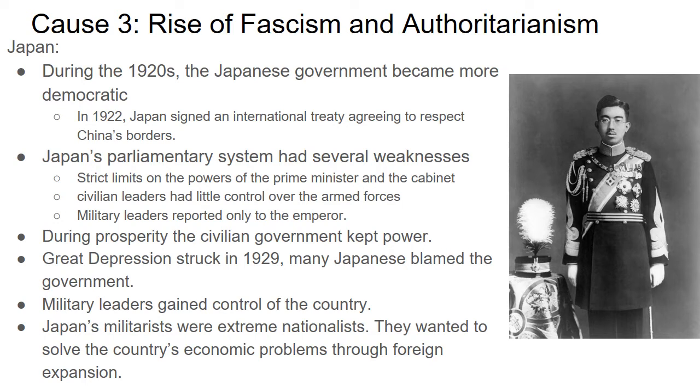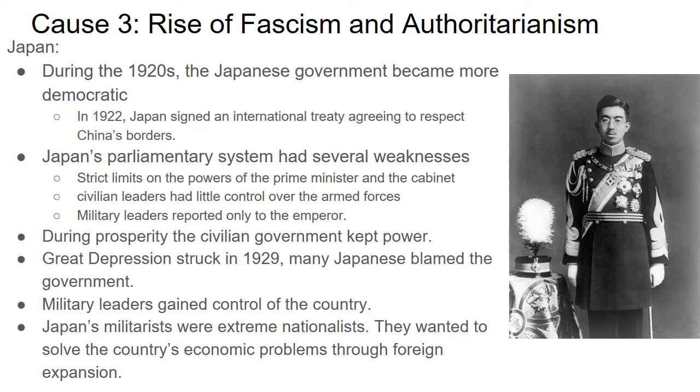And the shift in power comes from the Great Depression. So the Great Depression happens, and many Japanese people blame the government for the hardships that they're feeling. And so military leaders use this as an opportunity to gain control of the country.